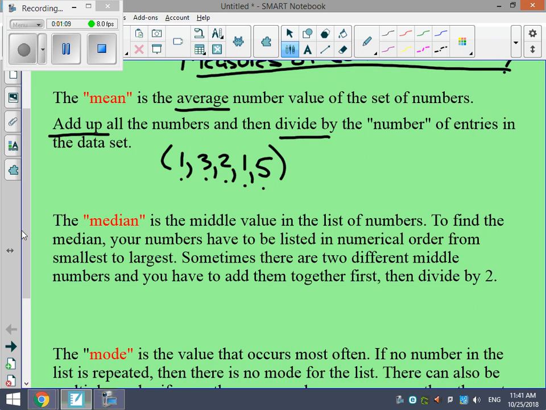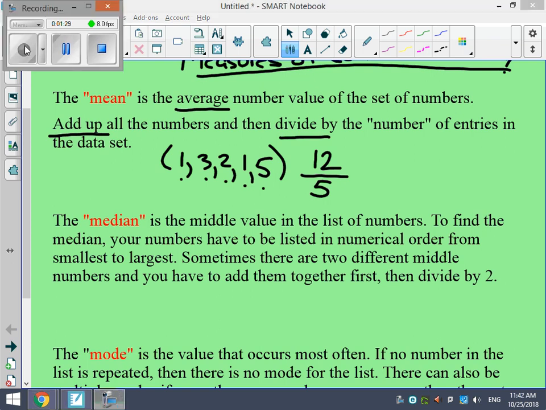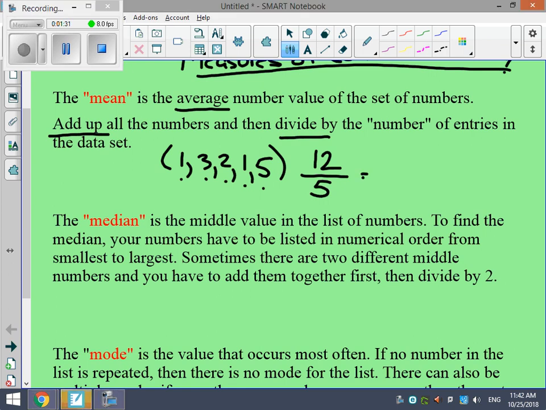So in this case, 1 plus 3 is 4, and 2 is 6, 7, and that would give me a total of 12. But then I have to divide this by the number of pieces of data in the set, and there's 5 numbers in the data set. Anyhow, when you divide 12 by 5, you get 2.4, and that is the mean or average for that data.